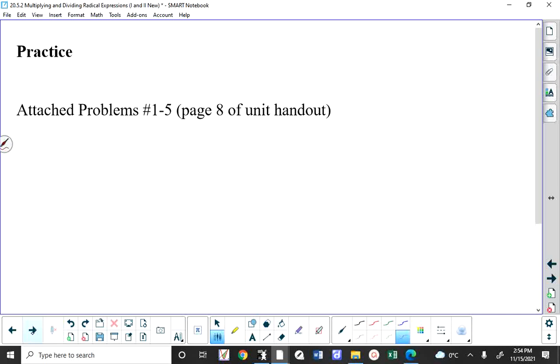All radicals simplified. Coefficients reduced with coefficients. Radicals reduced with radicals. And no radicals in the denominator. So get to work on that practice. I need to just take attendance and take care of something at my computer, and then I'll be around to help you out. You still have about 20 minutes here to work on this today.